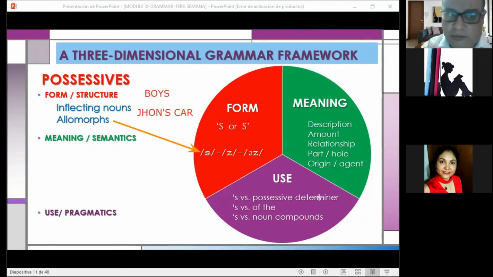We don't change the morpheme, because the morpheme is the apostrophe S, which means possession. We change how we produce it, the physical aspect, and specifically the sounds. Let's continue with the other one, the meaning, semantics.